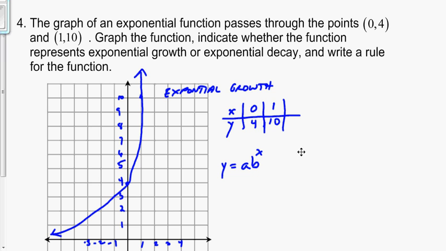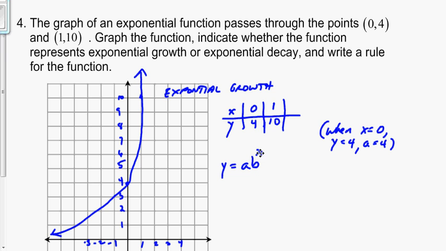You might remember that the first thing we needed to do was find a. And we look at when x equals 0. When x equals 0, y equals 4, so a must equal 4.